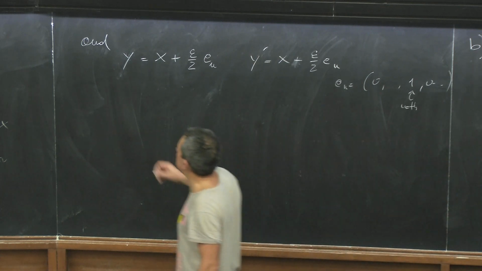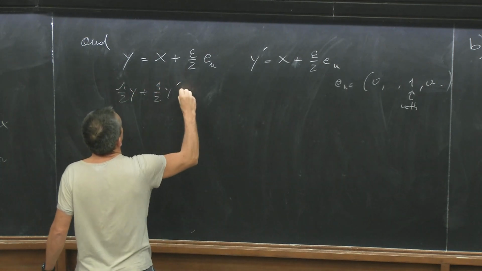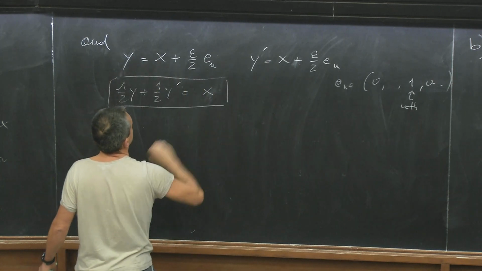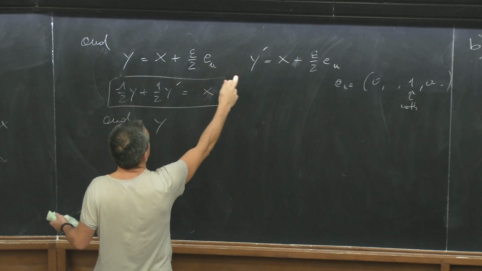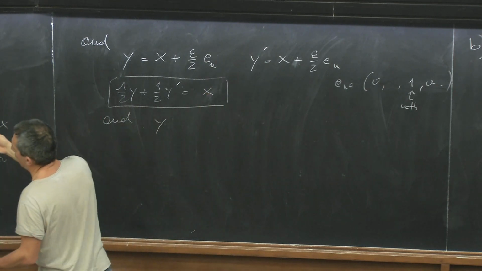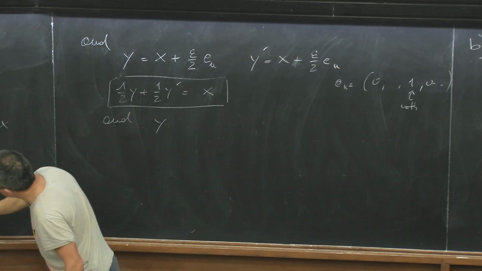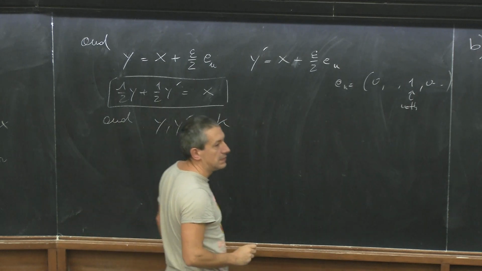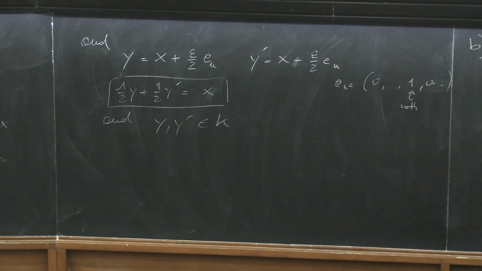So clearly what happened is that 1/2 y plus 1/2 y prime is equal to x, since they are opposite. I just changed the value at one point, and since I chose epsilon exactly this way, y and y prime are still in K. So there are no extremal points.